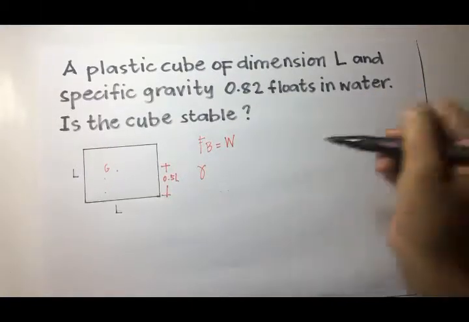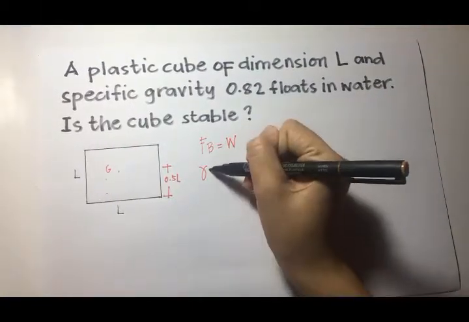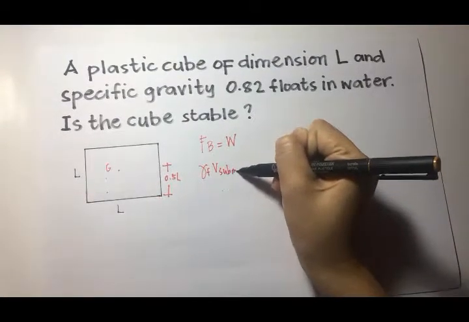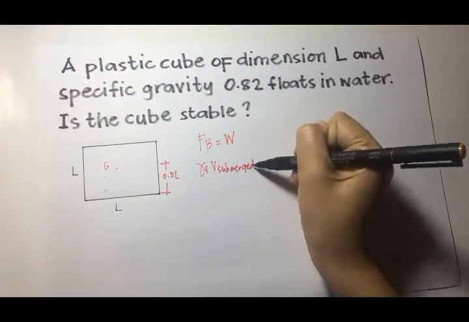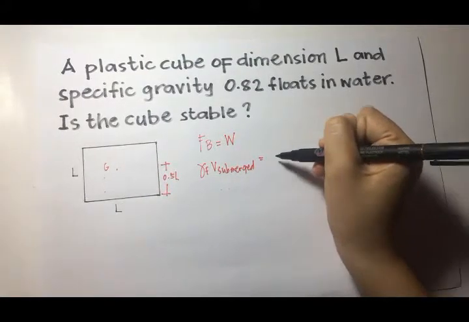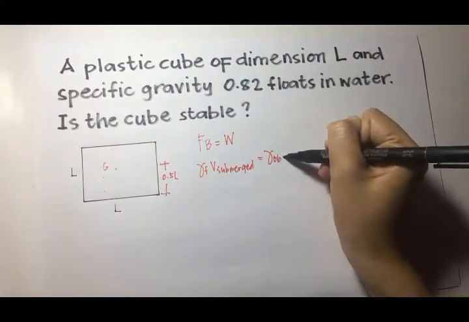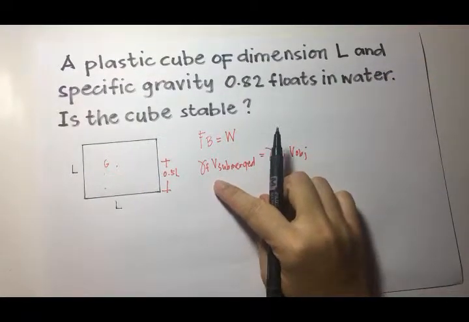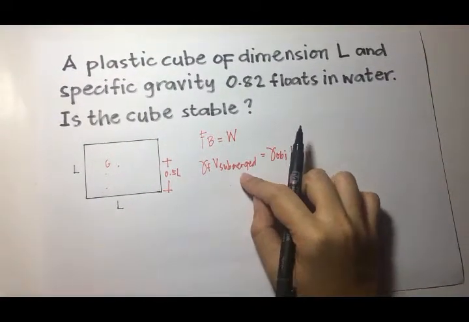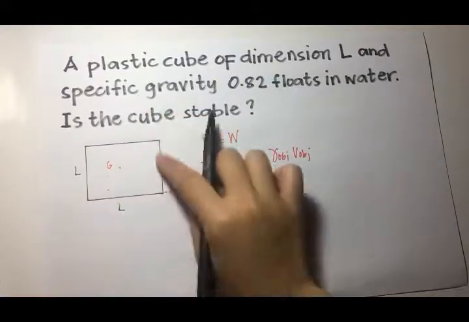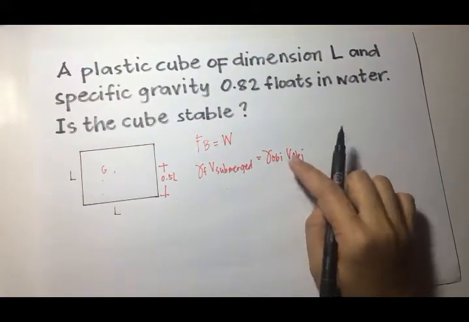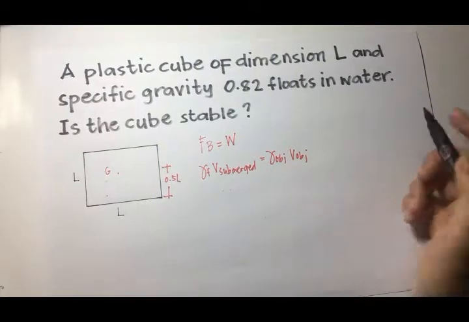For a simpler equation, it would give us the unit weight of the fluid times the volume of the submerged part of the object, and it would equal the unit weight of the object times the volume of the object itself.